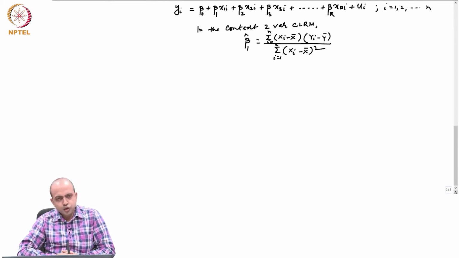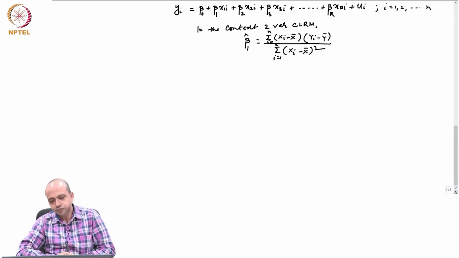So, if we apply the technique we have learned in our two variable classical linear regression model in this setup, then we need to apply the formula so many times. But we do not actually do that in the context of multiple linear regression model.